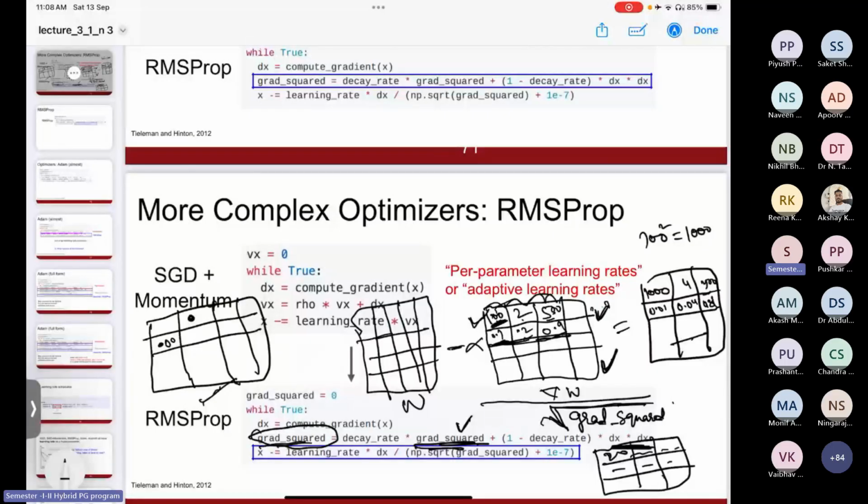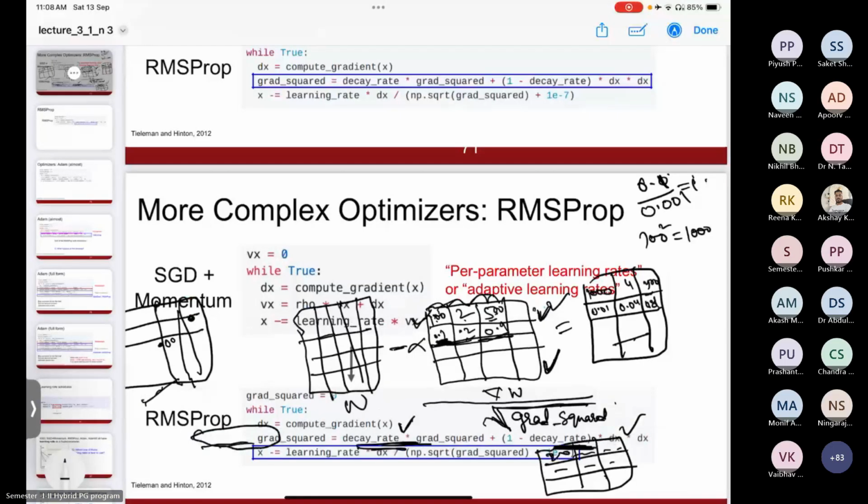And if you divide this with this element wise, what will it do? Suppose you take this large value, 100, and you divide 100 by the larger value. It will give you a small value. And if you have a small value here, maybe 0.1, and you divide by the smaller value, a small value divided by a smaller value will give you a large value. So 0.1 divided by 0.001 will give you maybe 10 or 100.